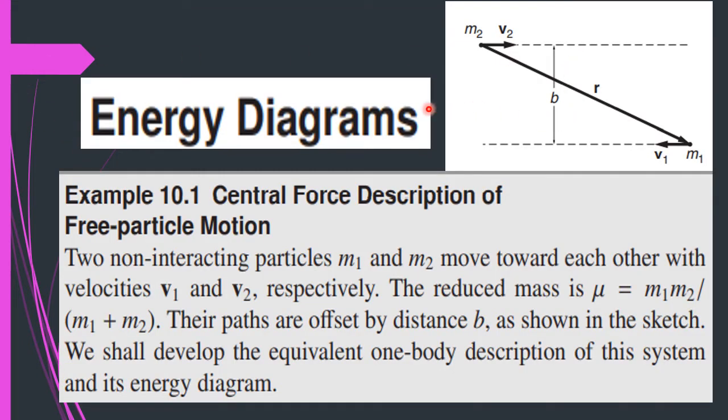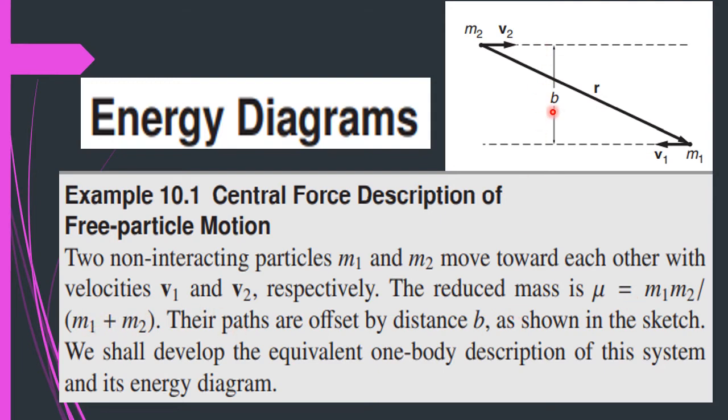In order to draw the energy diagram, we take a system of two non-interacting particles, M1 and M2. You can see here it is M1, here it is M2. They are moving with velocities v1 and v2. Then the reduced mass of the system is mu equal to m1 m2 by m1 plus m2.